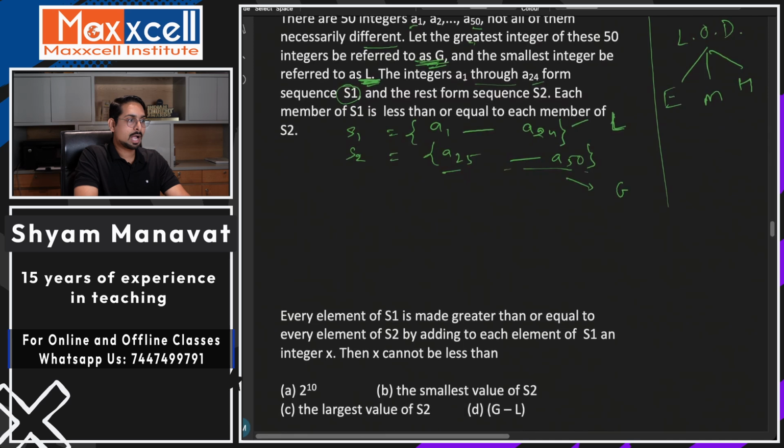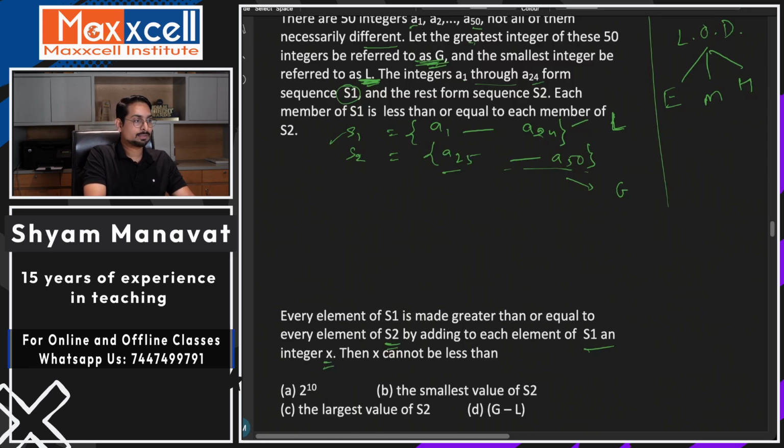Now the question is, every element of S1 is to be made greater than or equal to every element of S2. So you need to make every element of S1 greater by adding something to each element of S1, and that integer is called x.